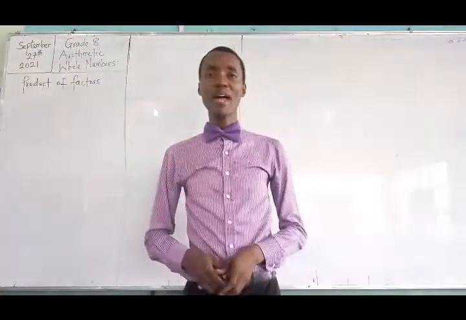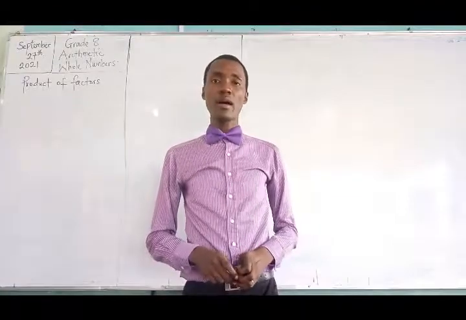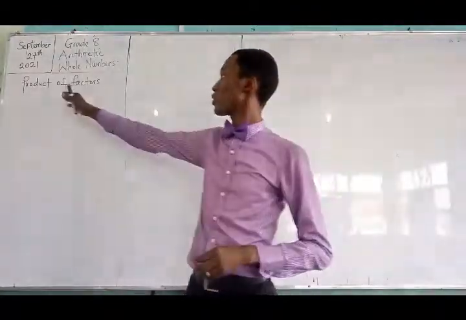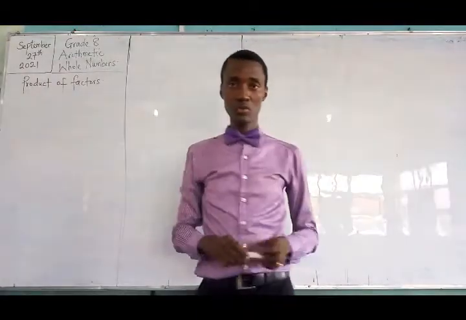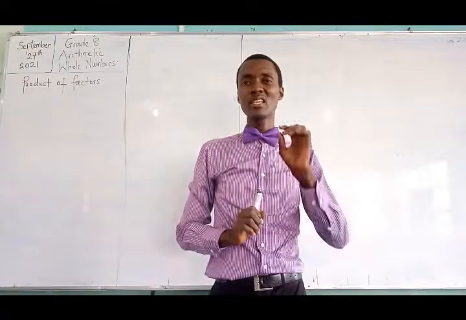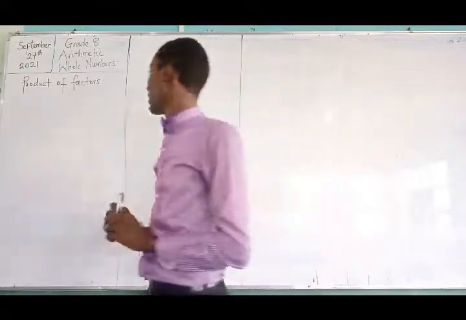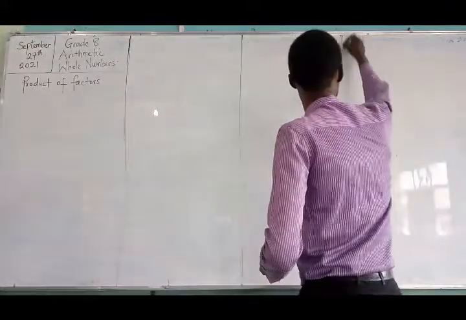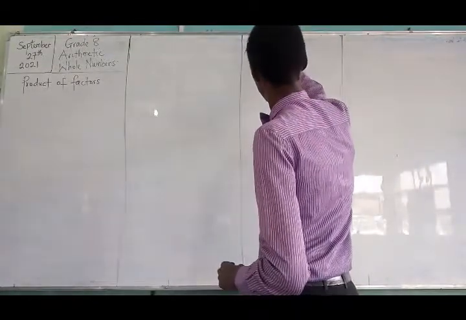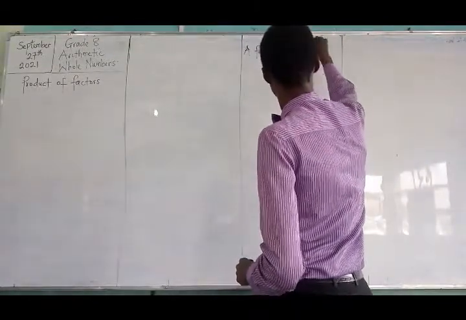Our understanding of prime numbers enables us to handle what is called product of factors. We have said before that a factor essentially is a whole number. So let's, by way of having our footnotes, note that a factor is a whole number.